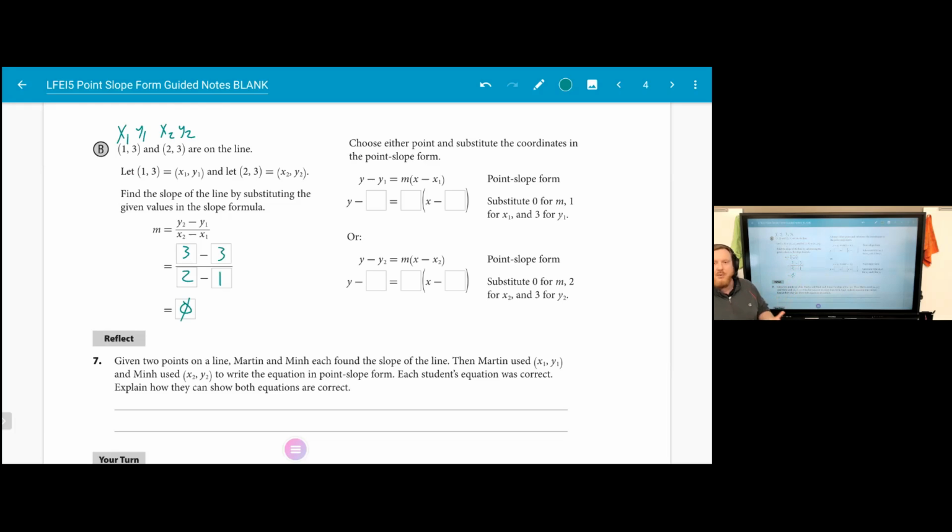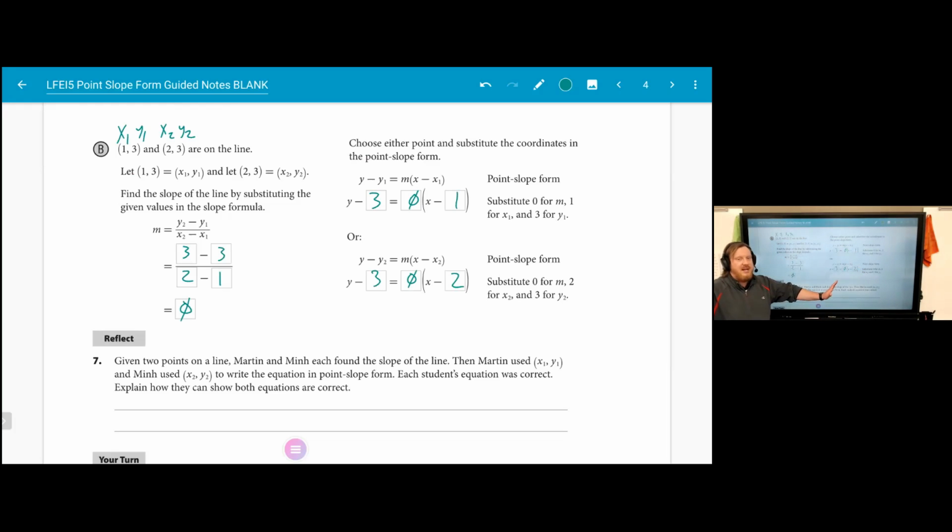And then it doesn't matter which point you pick. We've got 0 for m. Point 1 was 1, 3. So y minus 3 equals 0 times x minus 1. Or you could have the 2, 3. Y minus 3 equals 0 times x minus 2.